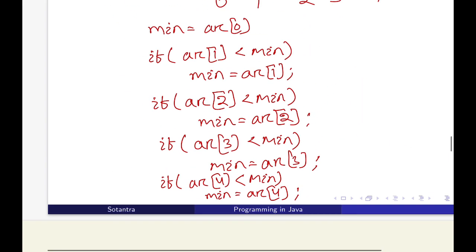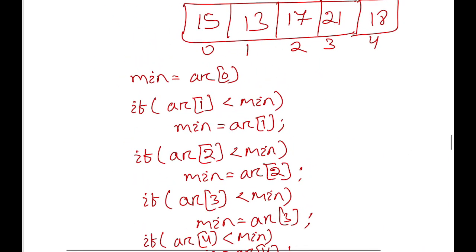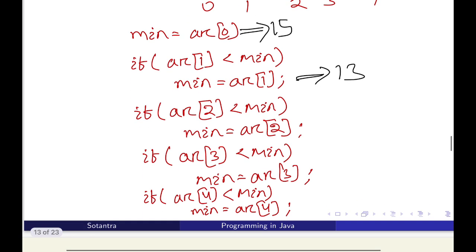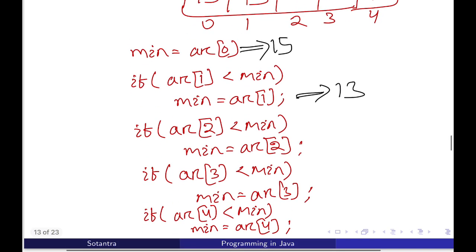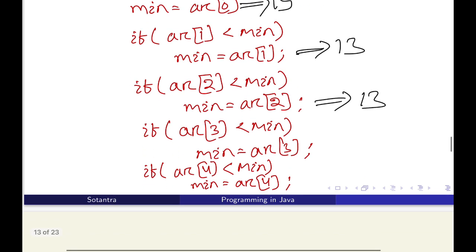So here you can observe minimum is arr[0], so initially it is 15. Now arr[1], that is 13, less than minimum? Yes, it is true, then minimum equals arr[1], so the minimum value is updated to 13. Now arr[2], 17 less than 13? No, so the minimum is the same as the previous one.